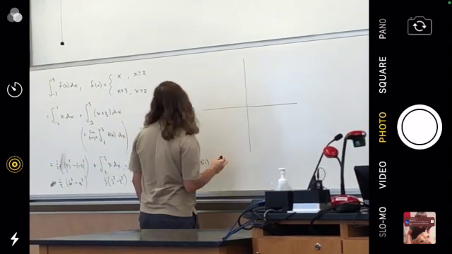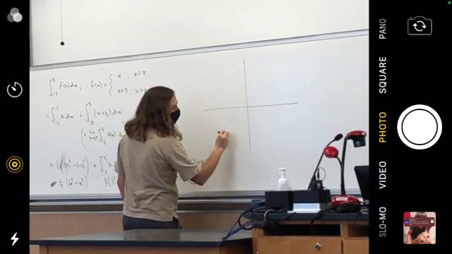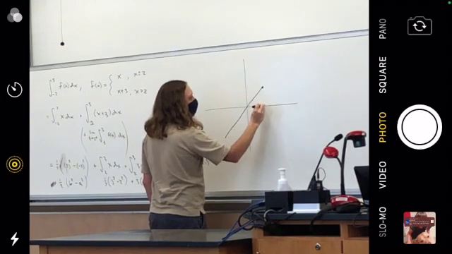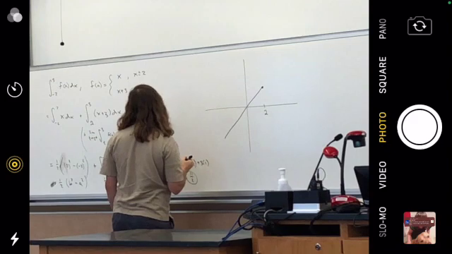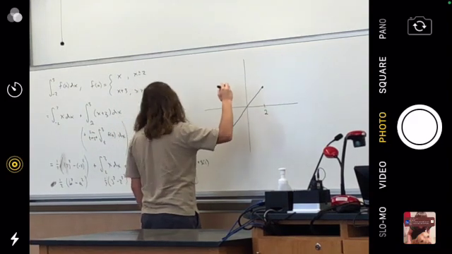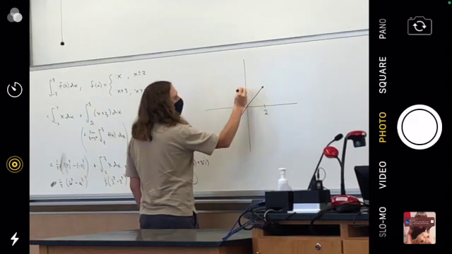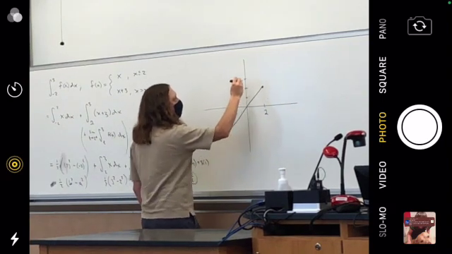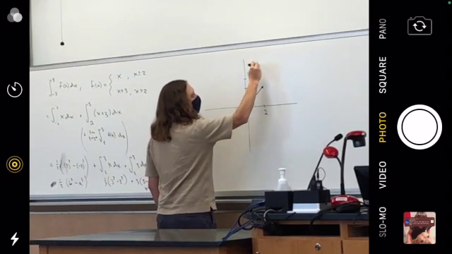So if I graph f of x, it's the function x until I get to 2. And then what is it? x plus 3. So x plus 3 looks like this.